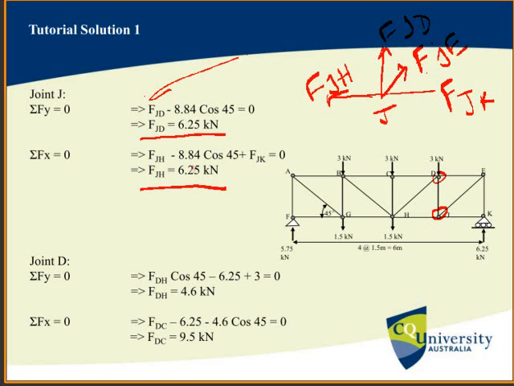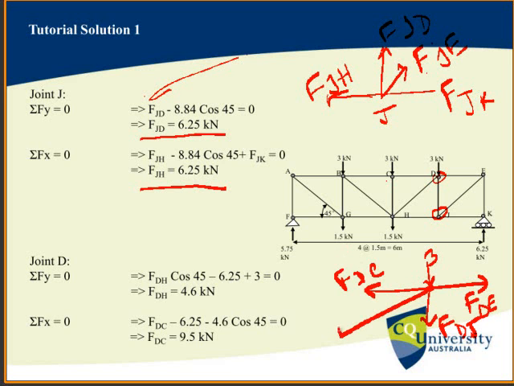Now at last we have to consider point D. In this joint, if we apply the equilibrium equation, this is point D, this is 3 kilonewton directly applied to D, and this is for FDE, this is for FDJ, this is for FDC, and another force is working, FDH.